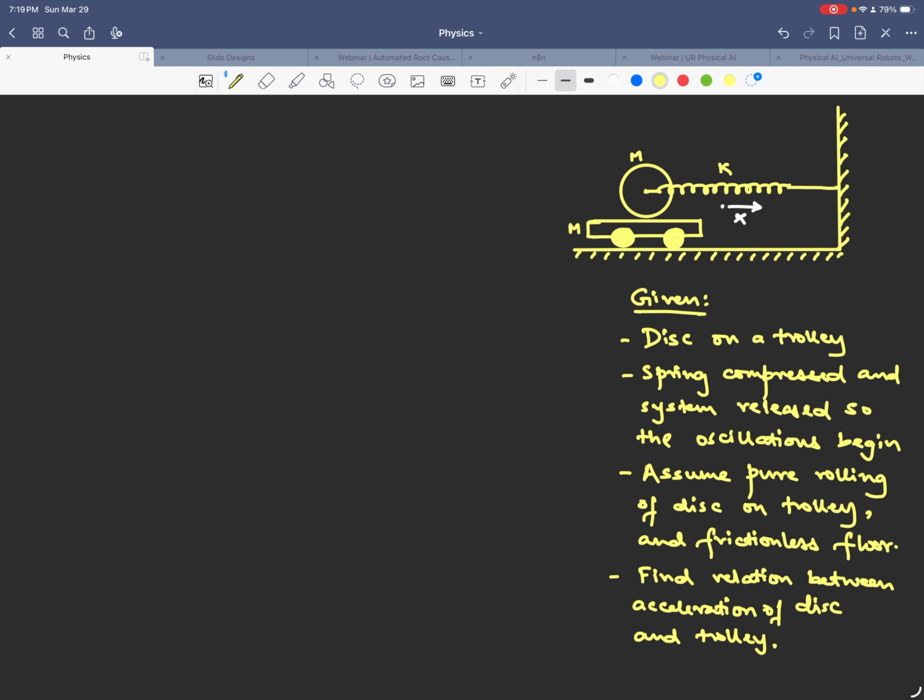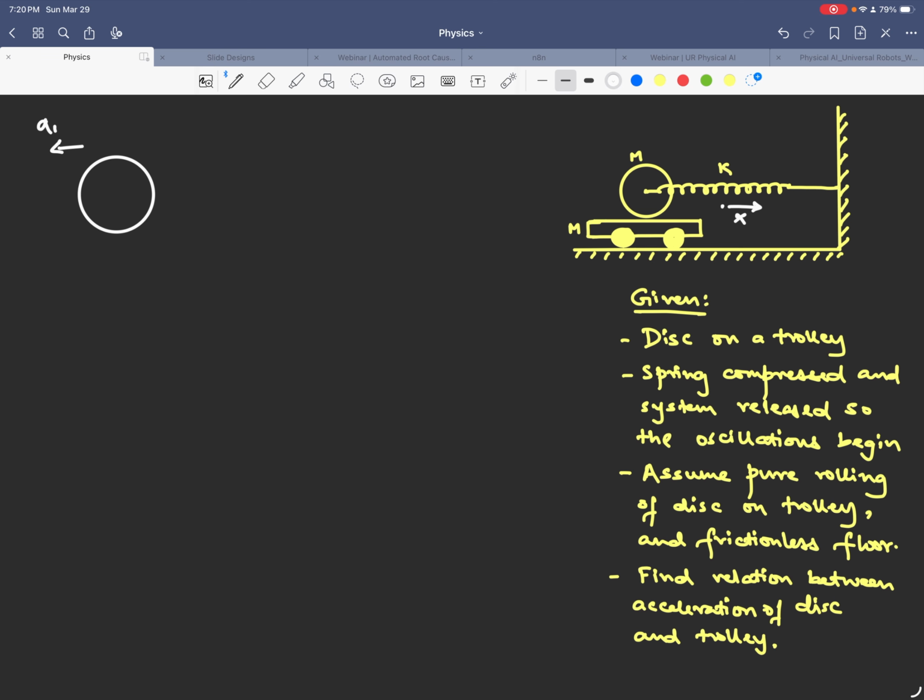So I'm focusing on the disk at the top first. Let me pick up the white color here and say this is the disk on the top. Assume it's going with an acceleration a1 to the left, right? Because of the spring compression, there would be a force towards the left, and it will make the disk move translationally.